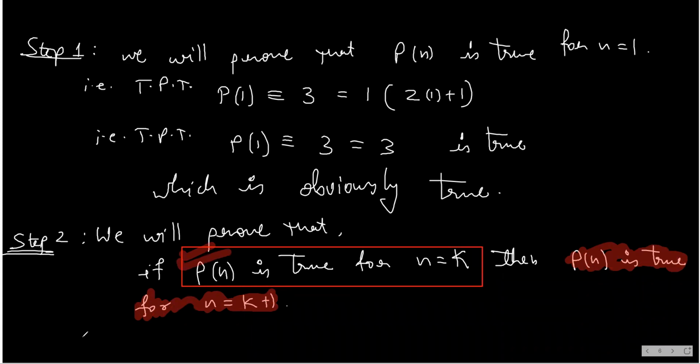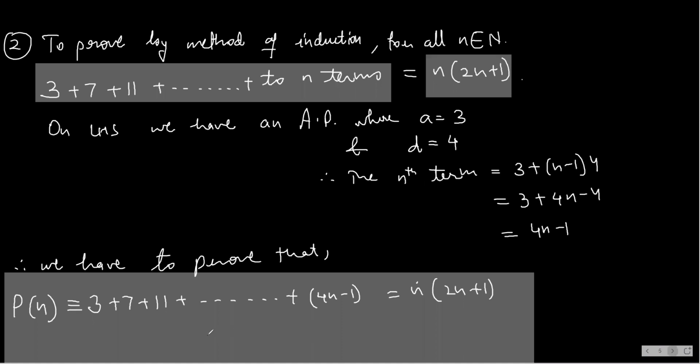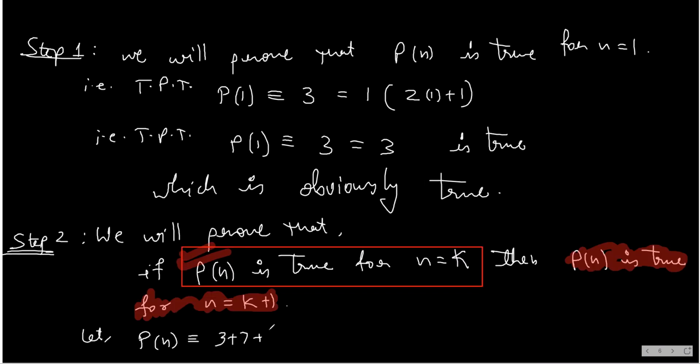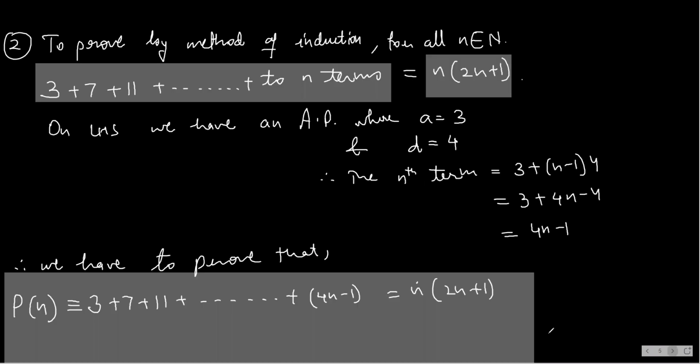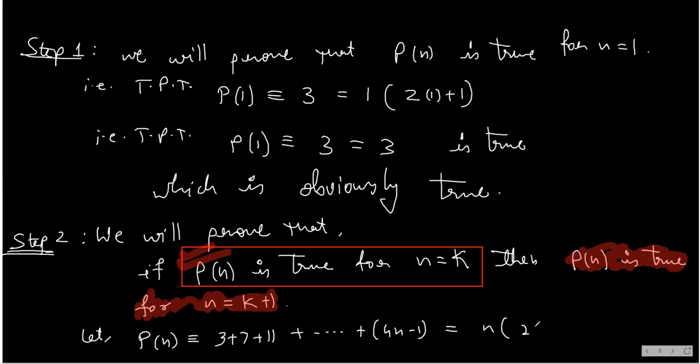So you write here, let P of n, which is 3 plus 7 plus 11 plus dot dot dot plus 4n minus 1, equals n into 2n plus 1, be true for n equals to k. This is my assumption. Let this be true.